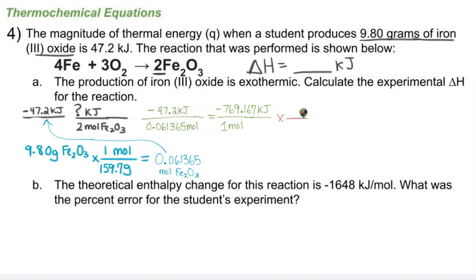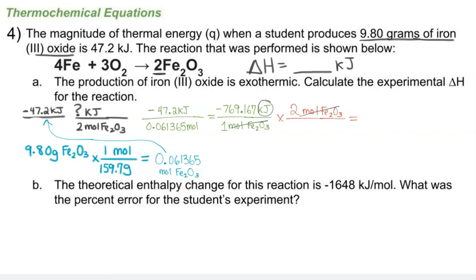I need moles on top, and I'm going to use my coefficient, the 2 moles of Fe2O3 in the reaction. Then the moles of Fe2O3 will cancel out, and we'll be left with just kilojoules in our final answer.